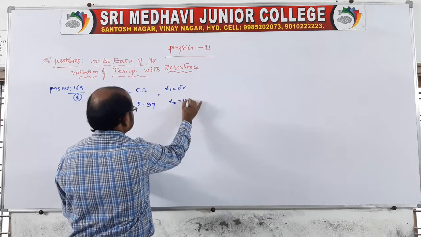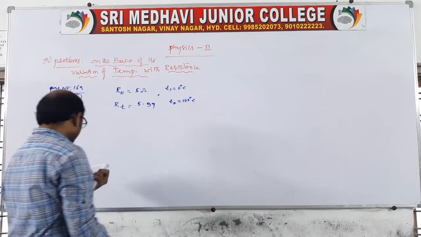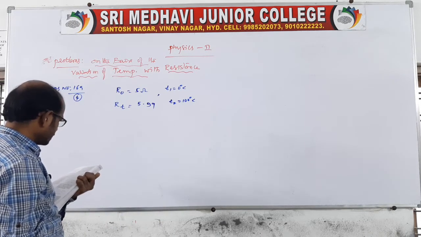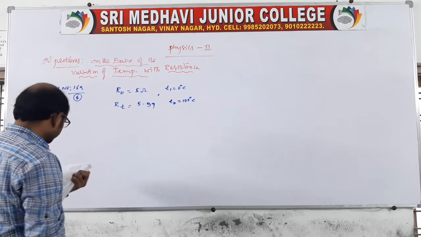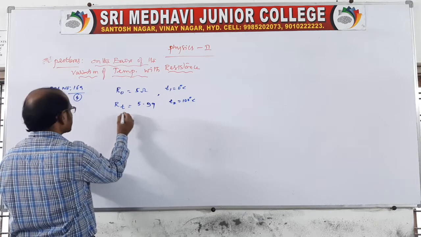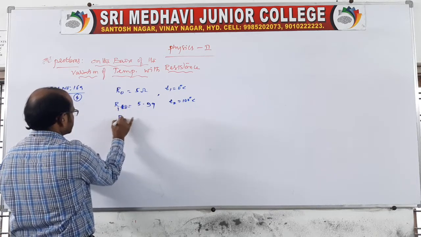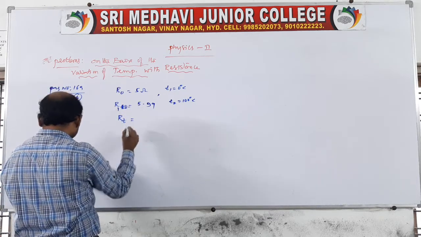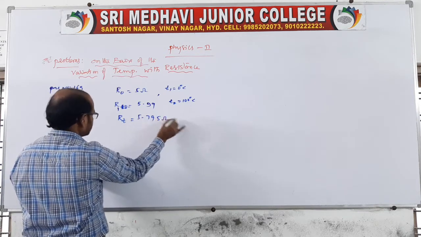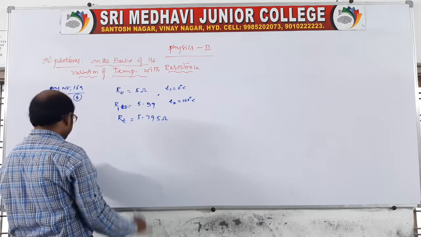When the thermometer is inserted in a hot bath, the resistance of the platinum wire is RT equal to 5.795 ohm. Calculate the temperature of the bath.